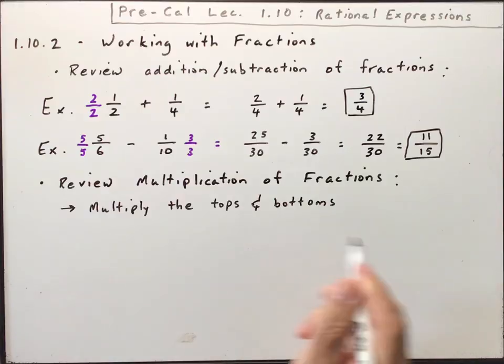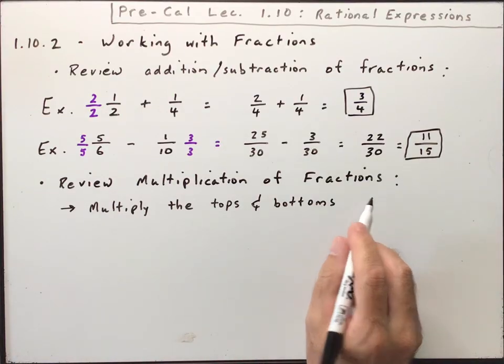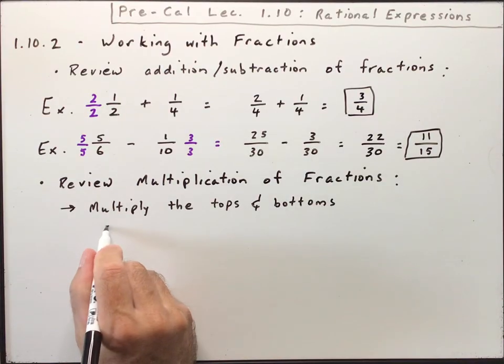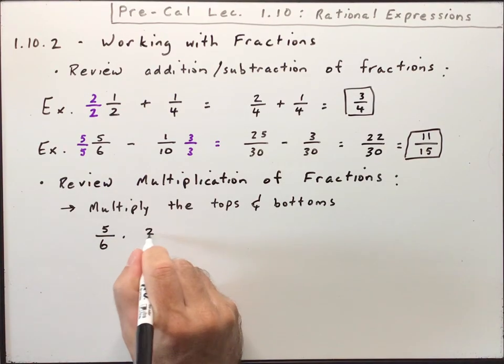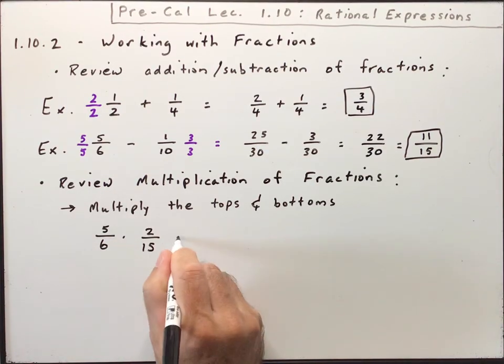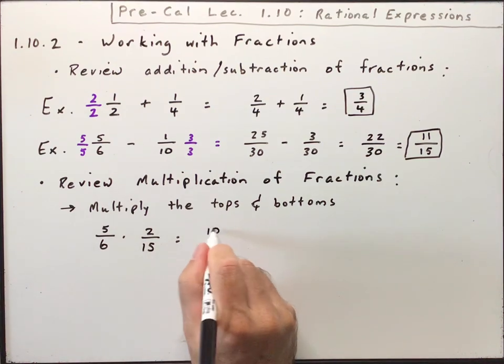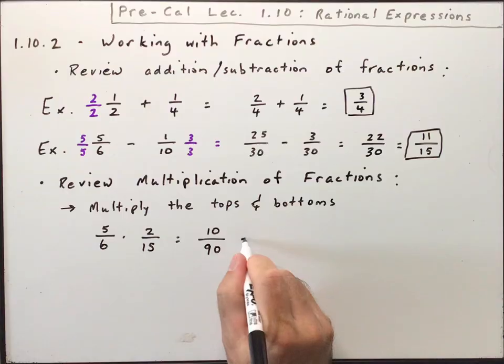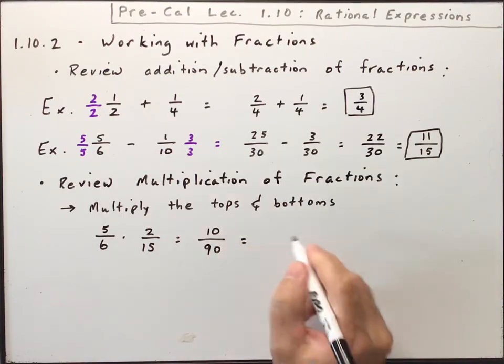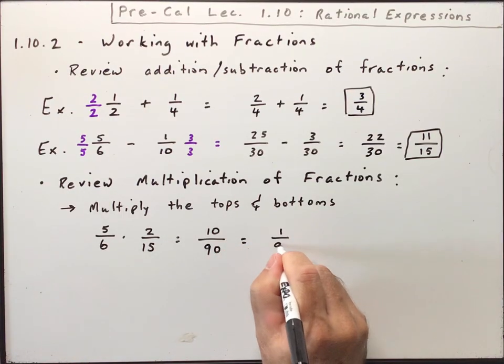All right, so the numerators and denominators. So let's say we have 5 over 6 times 2 over 15. So 5 times 2 is 10 on top, 6 times 15 is 90. And then that would reduce down, we could cross out the zeros, to 1/9.